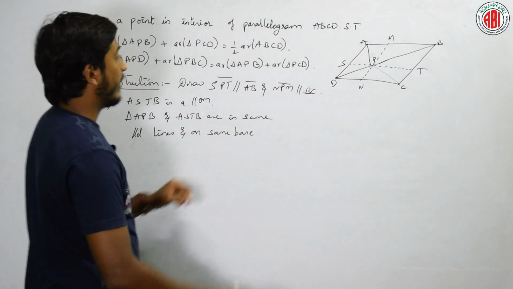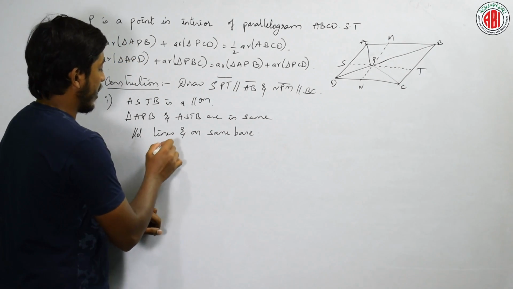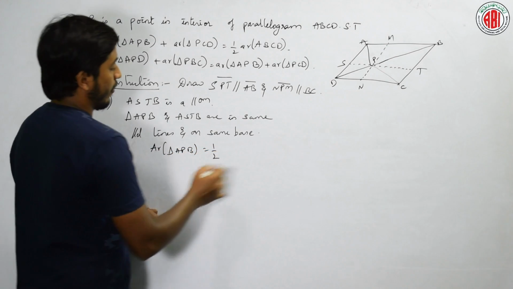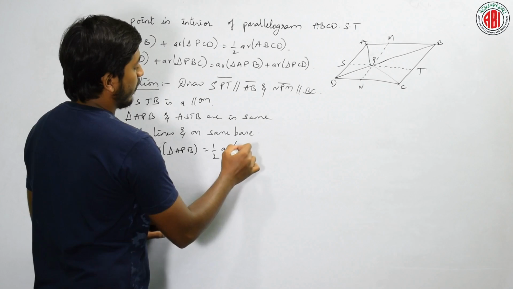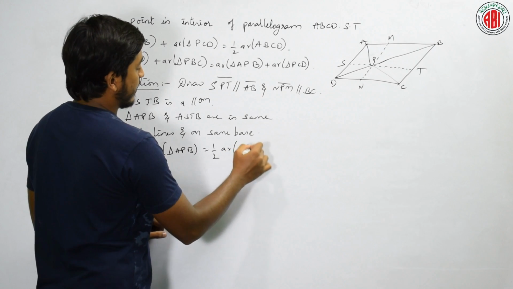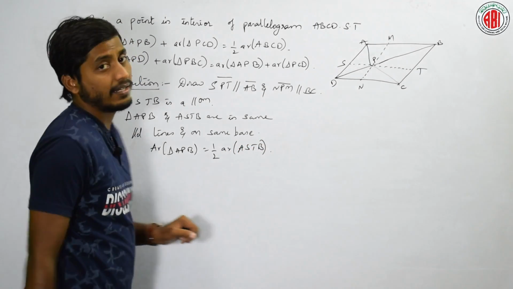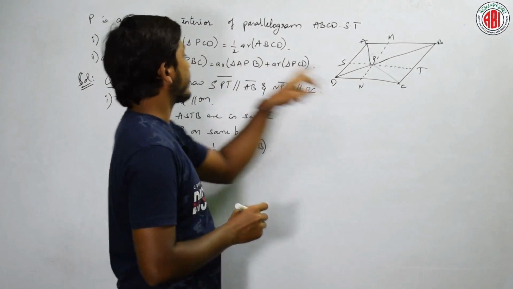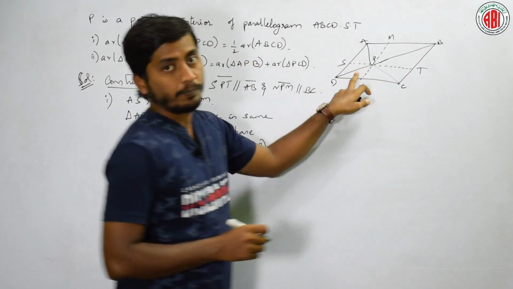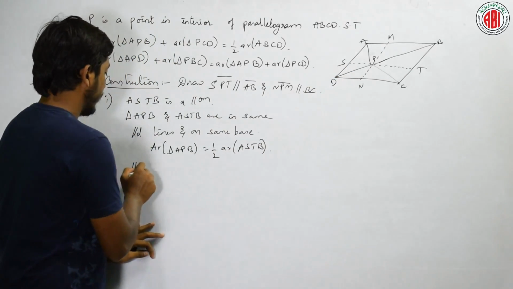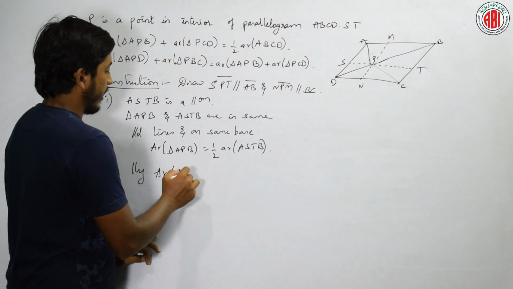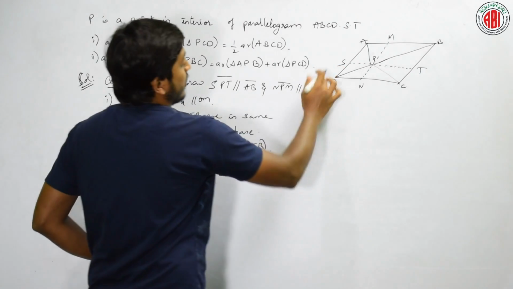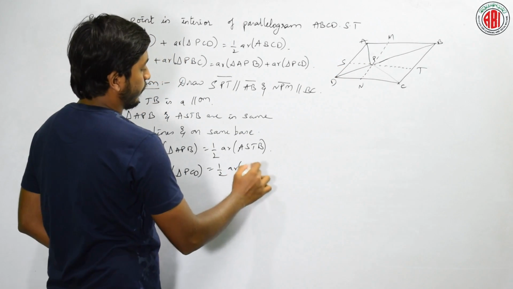Then I can tell that the area of triangle APB is half of the area of parallelogram ASTB. Isn't it clear? Similarly, we can write the second one, that is triangle PCD. Similarly, the area of triangle PCD is half of the area of this parallelogram SDCT.